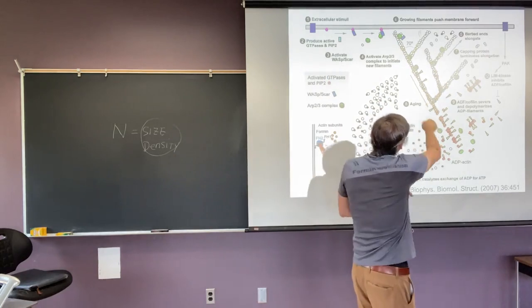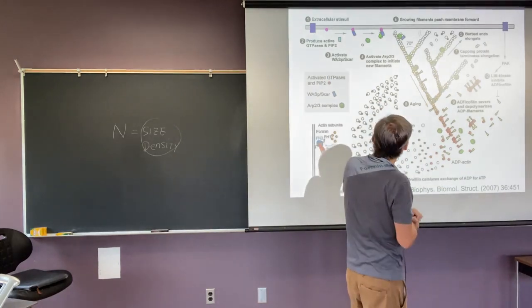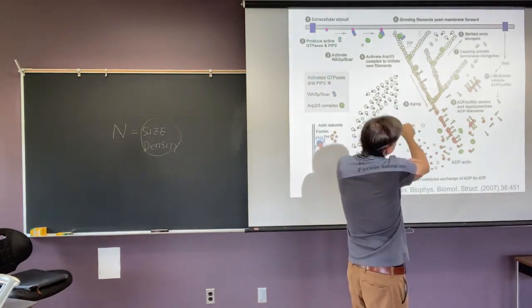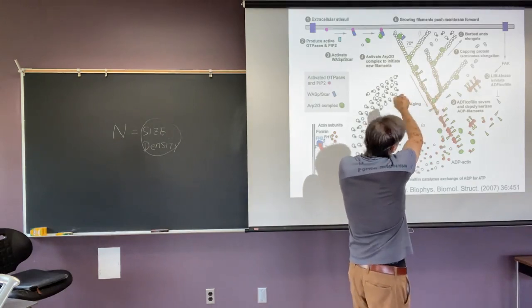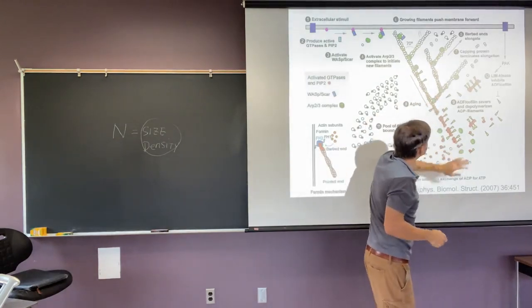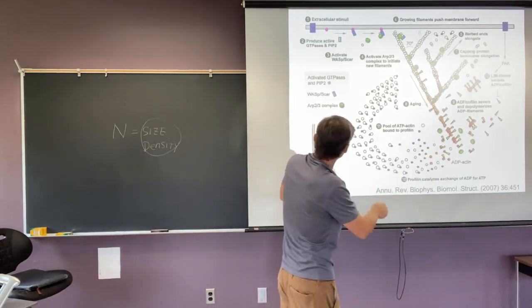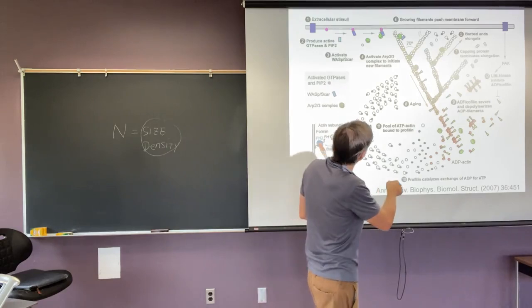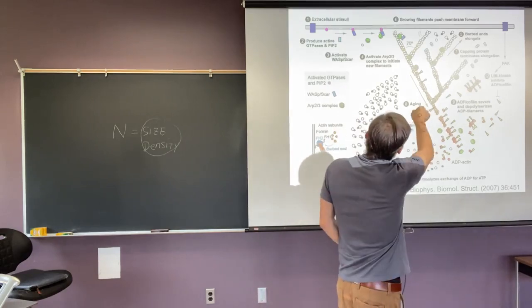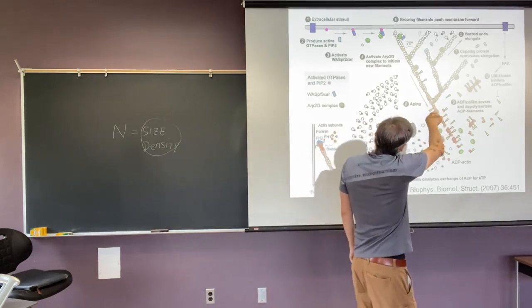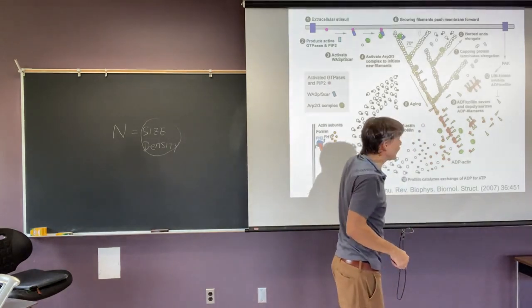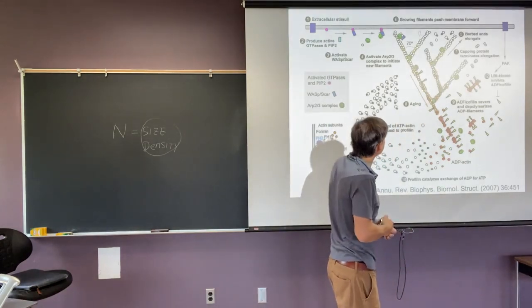So if we look over here, we have our actin filaments. The plus ends of the actin filaments are going to be right at the plasma membrane. The minus ends are going to be down here. The way that this is color-coded in general, I'm not sure here. But in any case, as this actin assembles, it's also going to age.